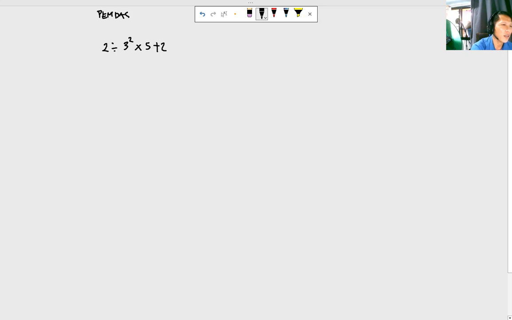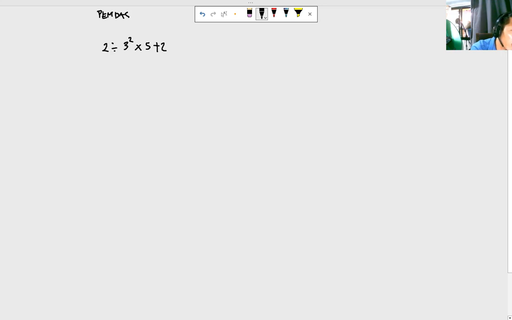To explain my point, if you have this, your calculator will understand that before you divide by 3, the 3 would be squared first, because that is included in the PEMDAS: exponent before division.